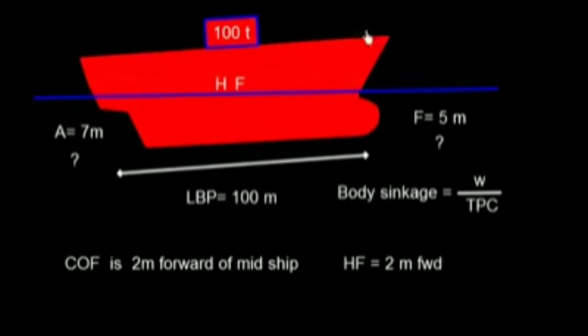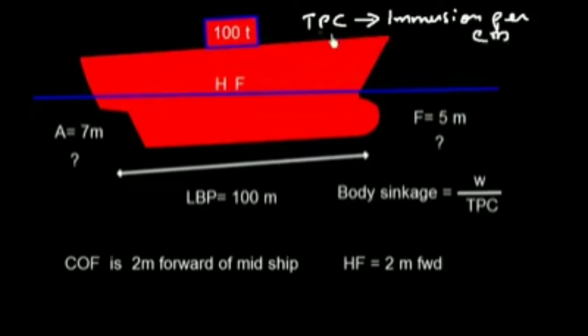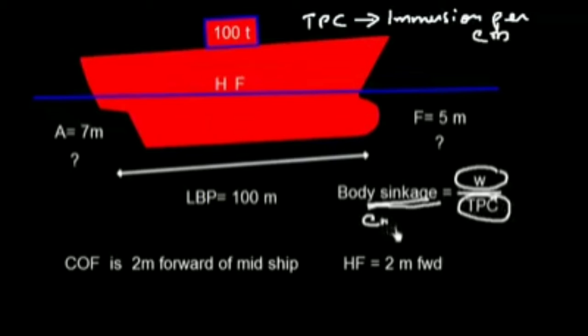Well, the definition of TPC is number of tons required to sink the ship by 1 centimeter, or number of tons required to raise the ship's draft by 1 centimeter. The TPC is immersion per centimeter. So if I have W ton, I should know how much the ship has sunk. So W by TPC will give me the sinkage in centimeter.